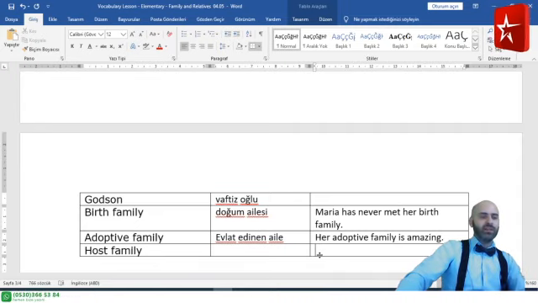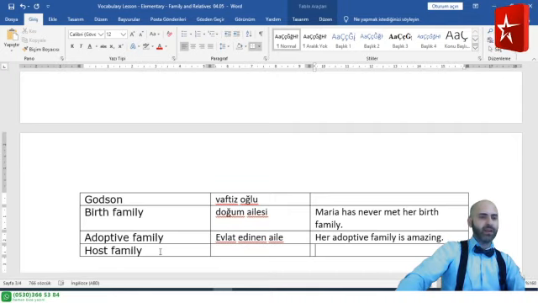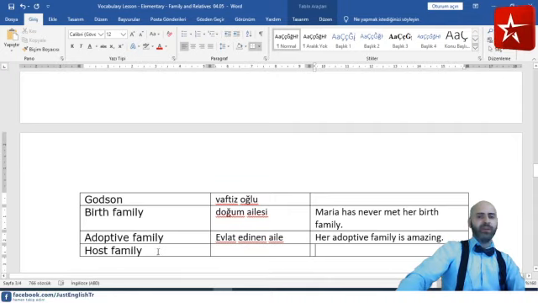And in some countries, we have this kind of program and this kind of situation. For example, when I was 16 years old, I went to the United States and I stayed 1 year in America with my host family, okay? So I call them host mom, host father, and host sister, okay?